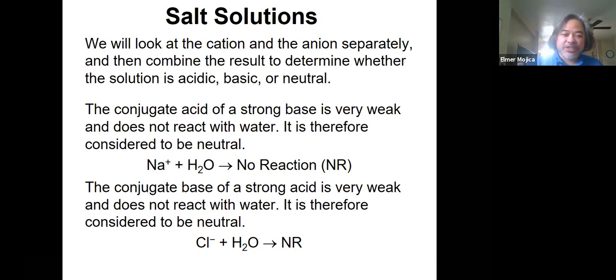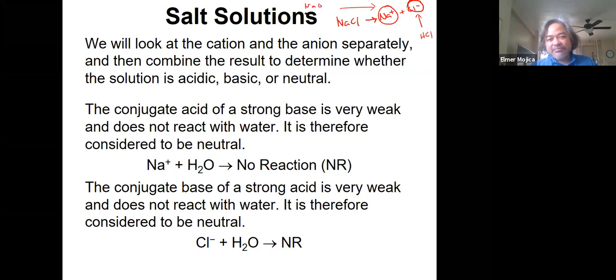So for instance, if you have NaCl, if you break it down, what do you have? Na plus and Cl minus. And if you look at this species, you could say, oh, this sounds familiar. It can come from this. And this one, oh, it looks familiar. It can come from this source. So what is HCl?